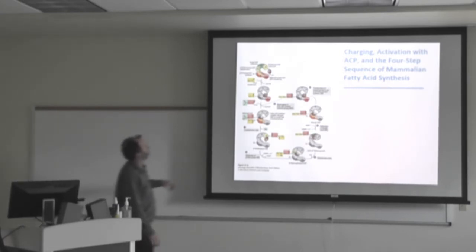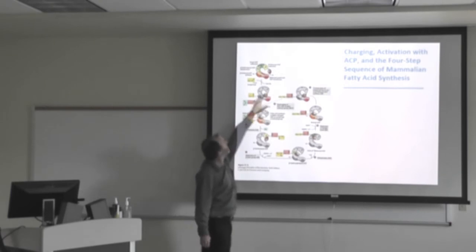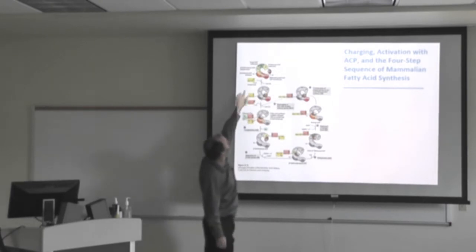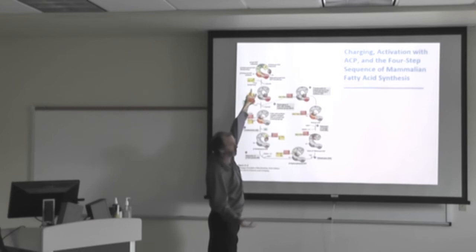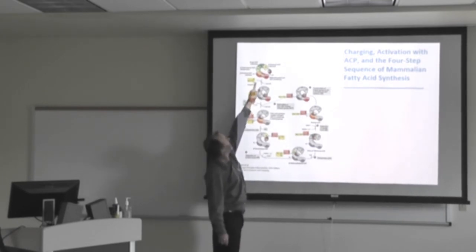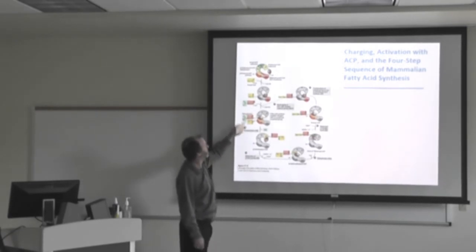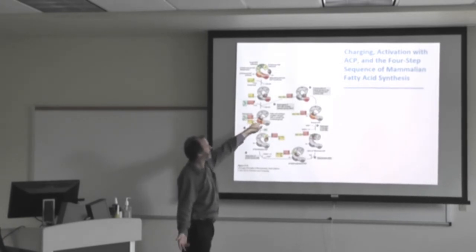So we start off with the fatty acid synthase, the acyl carrier protein with nothing on its pantetheine group, and then acetyl-coenzyme A will come in, transfer that acetate group to the thiol on the fatty acid synthase, and then malonyl-CoA will come in and transfer its malonyl group to the thiol of the pantetheine acyl carrier protein group.